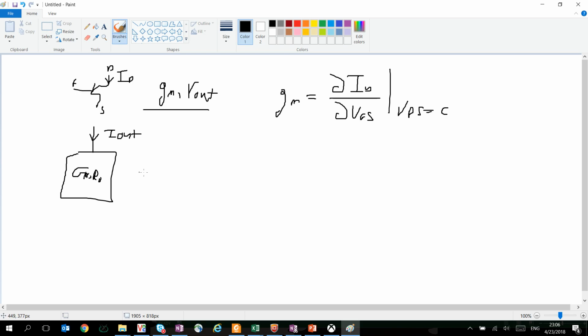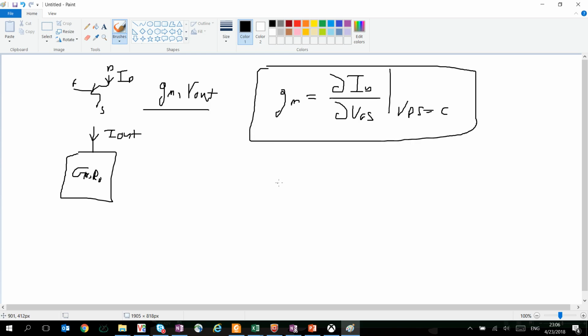So in order to understand, if the GM of the transistor is this, meaning it follows this equation, then the effective GM of the box is very similar. It's just we have to replace the terminals. It's going to be the partial derivative of I out of the box by V in.